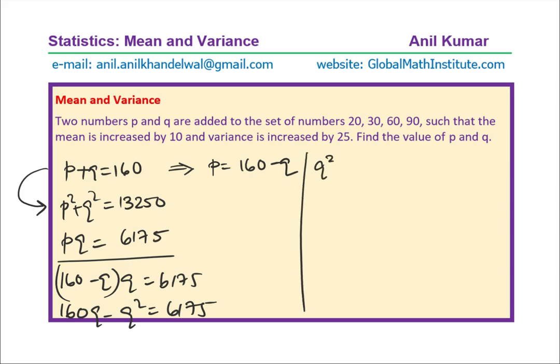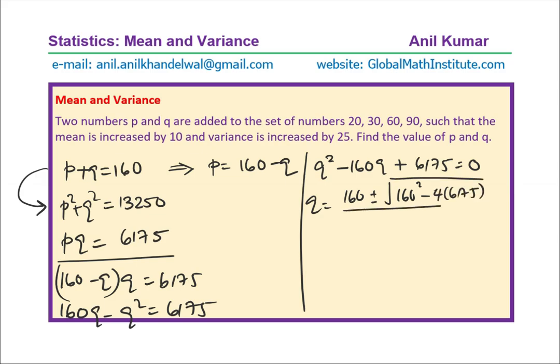We get q squared minus 160q plus 6175 equals 0. And now you can use the quadratic formula to find the solution of this particular equation, right? So the quadratic formula will give you the value of q as 160 plus minus square root of 160 squared minus 4ac, meaning 4 times 6175, over 2.